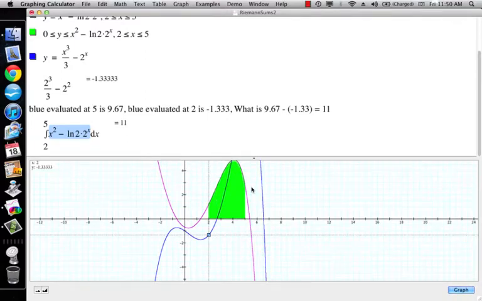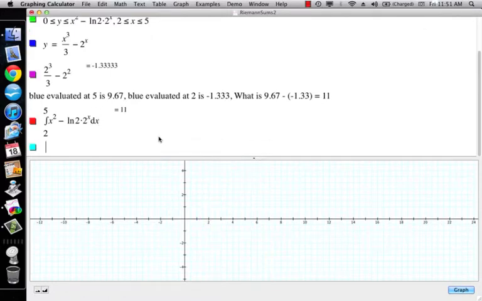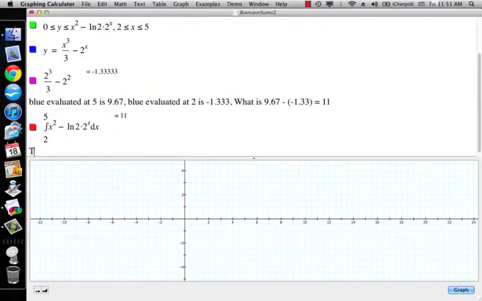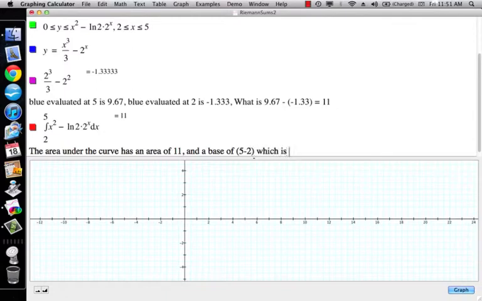I haven't really talked about average value yet. So what I'm going to do is say this has an area of 11 and a base of 5 minus 2, which is 3.